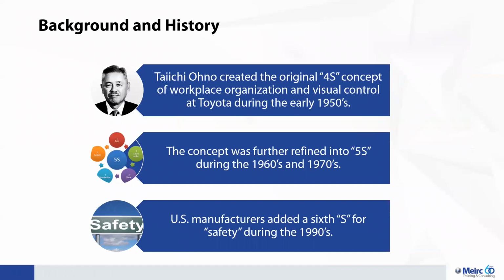Well, the background and history: Taiichi Ohno, the architect of Lean, created the original 4S in Toyota in the early 1950s, meant to organize the workplace and get efficiency and better space. It was refined into the 5S which we know today, and later on, even the US manufacturers added the 6S in the 90s.